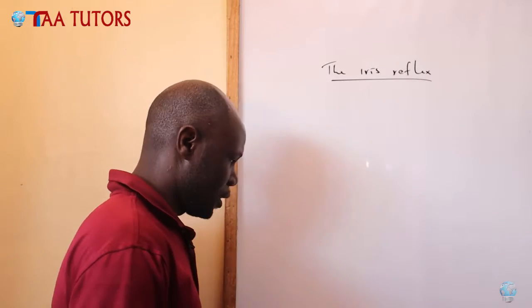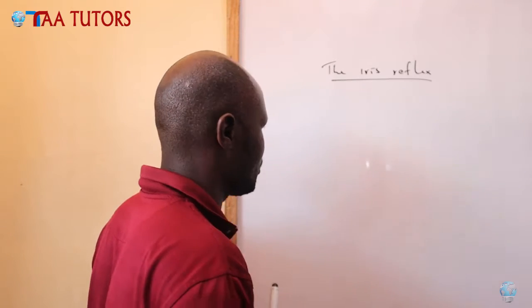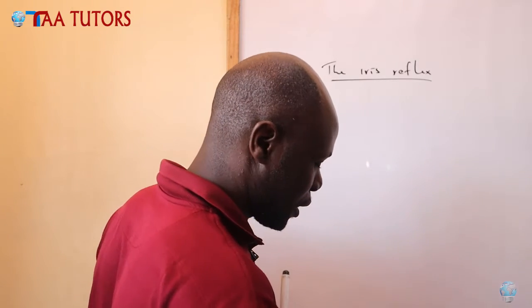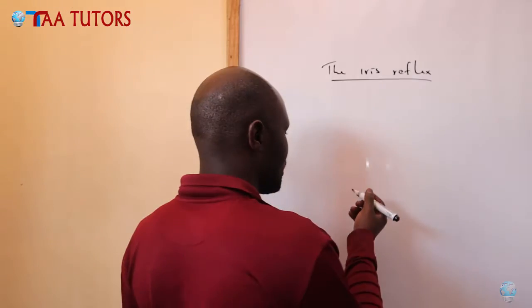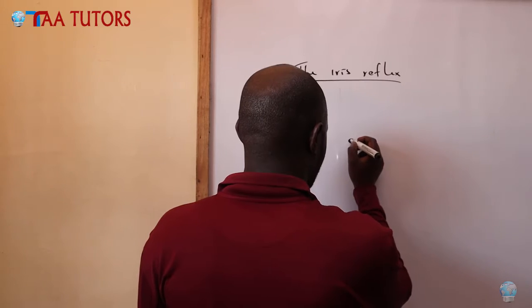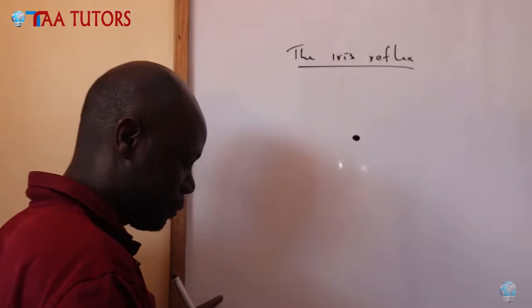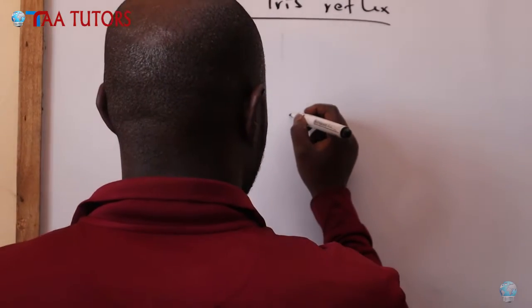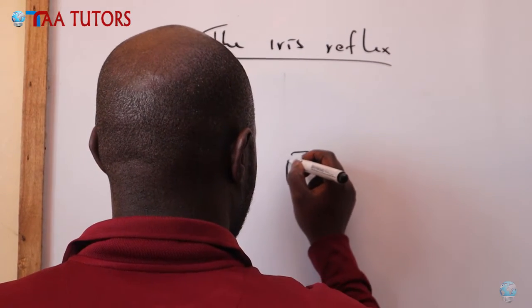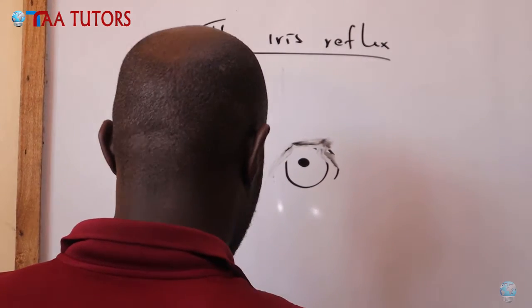The iris has some muscles connected with it that control the eye. Let us assume that the part I'm drawing here is the pupil, and then we have these muscles around it. We are calling them circular muscles.